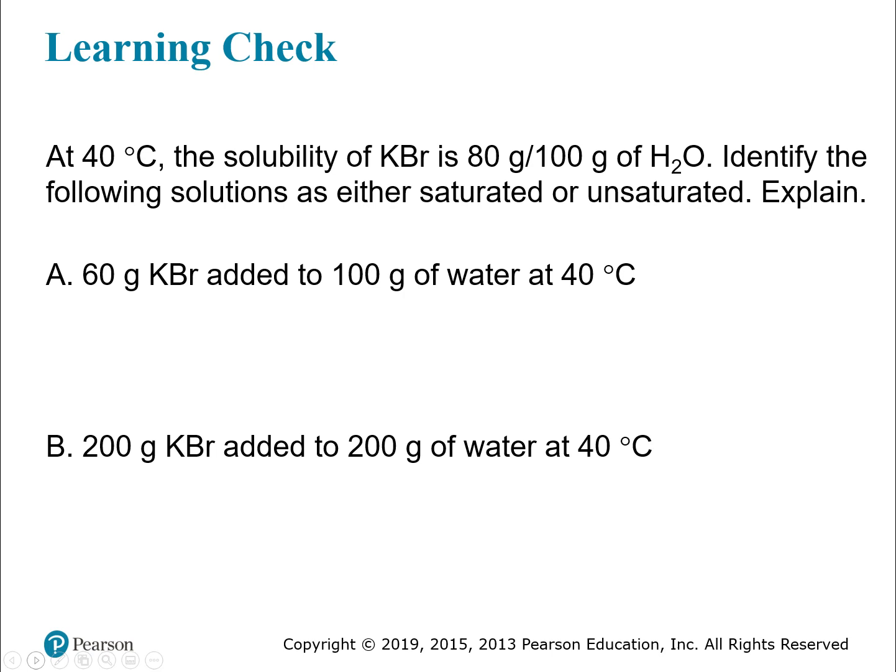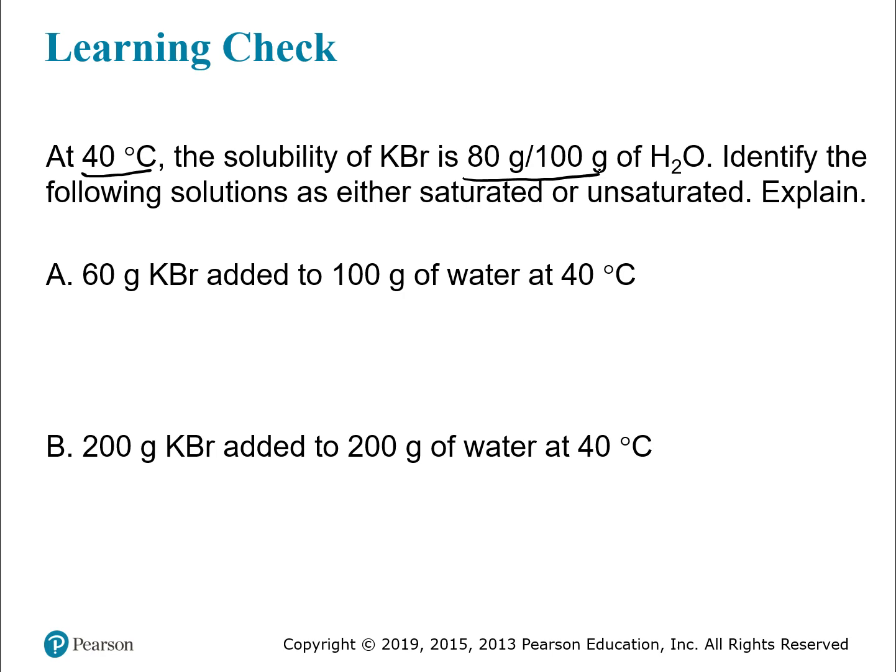So at 40 degrees Celsius, which remember, solubility is absolutely affected by temperature, so we have to be specific here, the solubility of potassium bromide is 80 grams per 100 grams of water.